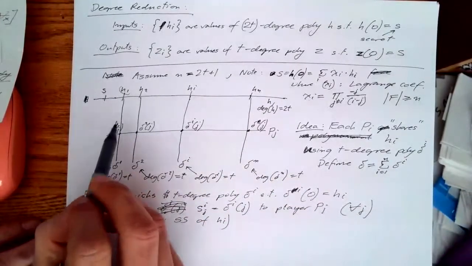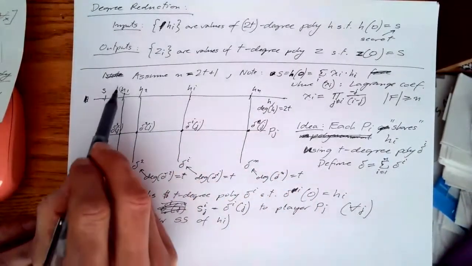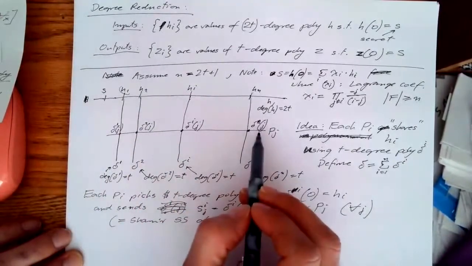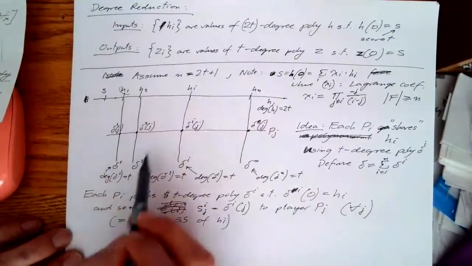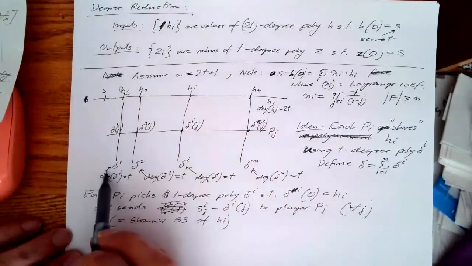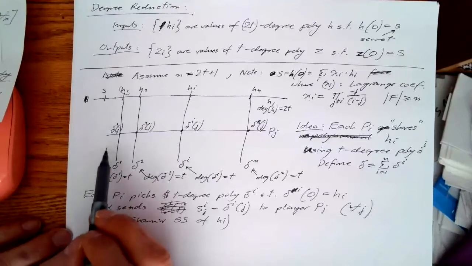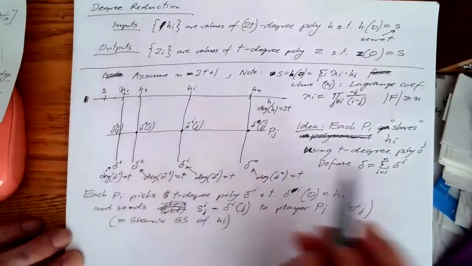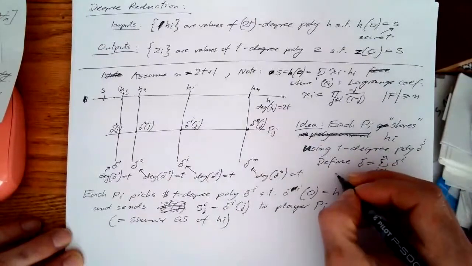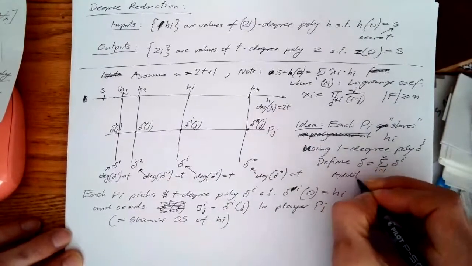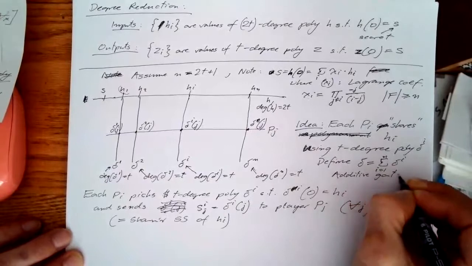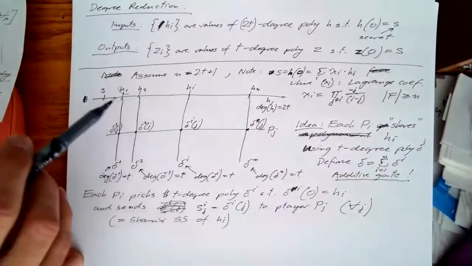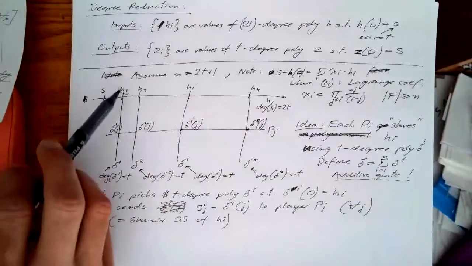Note that every Pj holds a share of each of these component polynomials. It is an additive gate. They are computing an additive gate here.